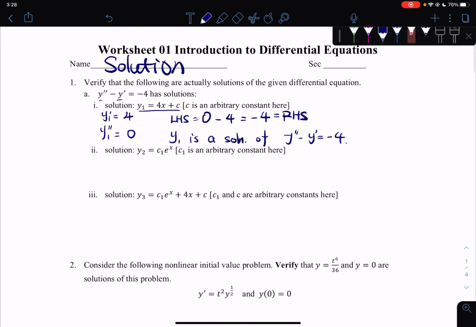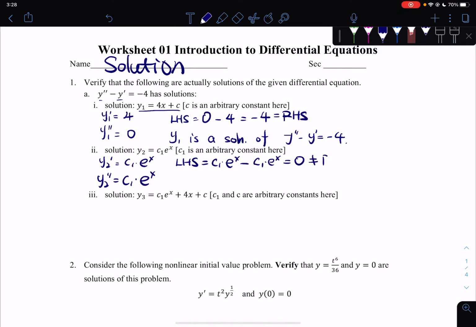I want to do the same thing. So y2 prime is c1 times e to the x, and y2 double prime is again c1 times e to the x, because e to the x has a derivative just like itself. The left-hand side says y2 double prime minus y2 prime, so I end up with 0.